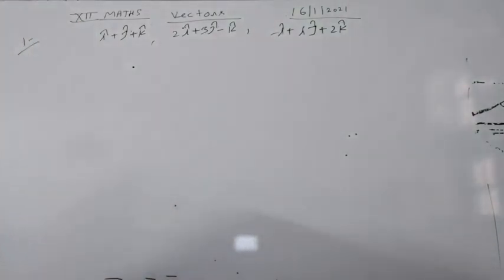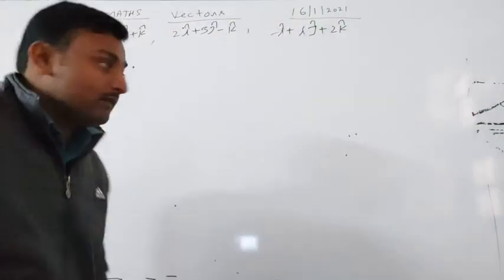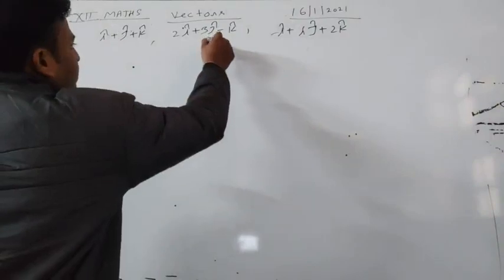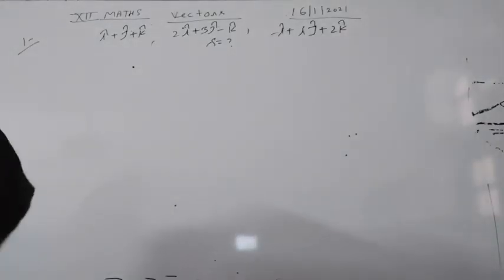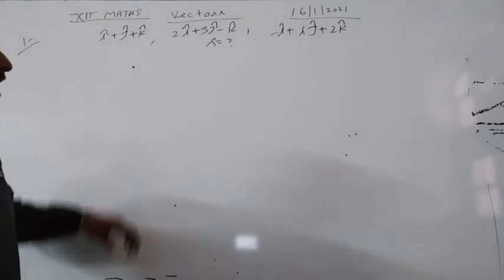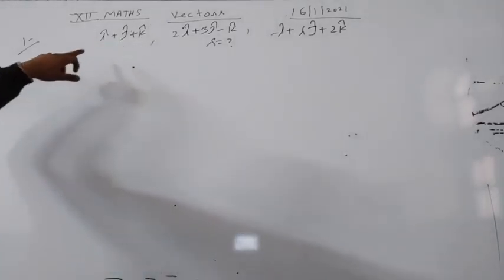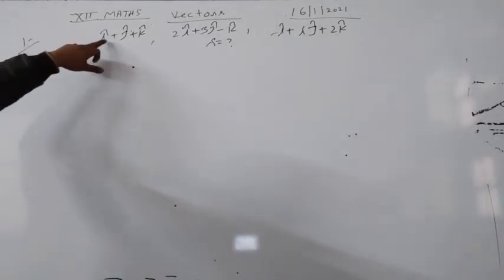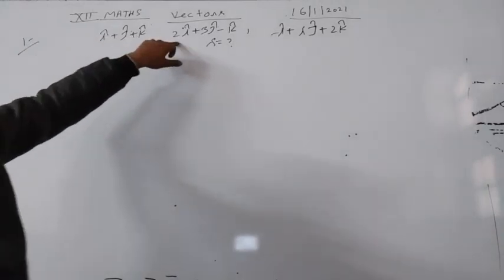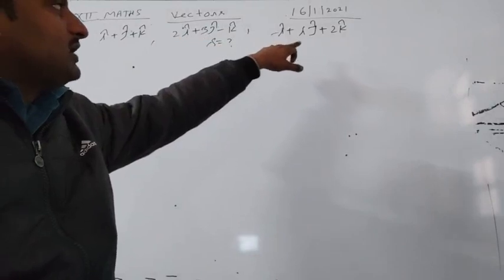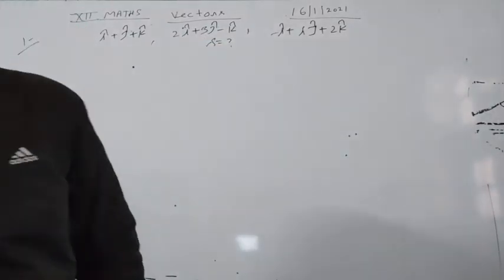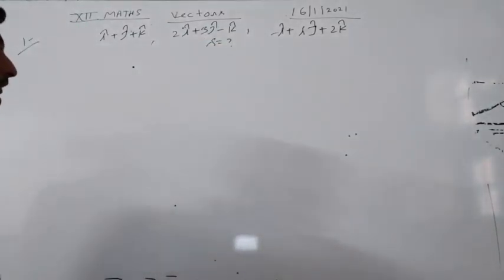The question says find the value of lambda. Find the value of lambda so that the vectors i plus j plus k, 2i plus 3j minus k and minus i plus lambda j plus 2k are coplanar.